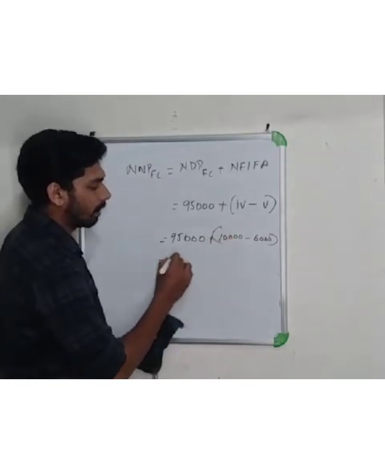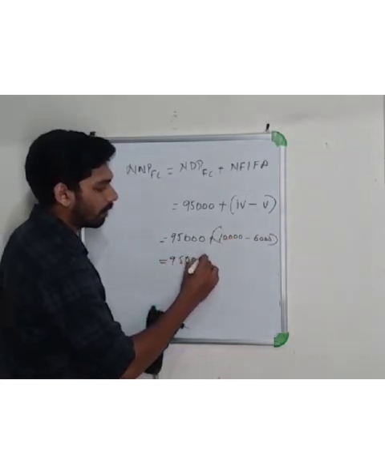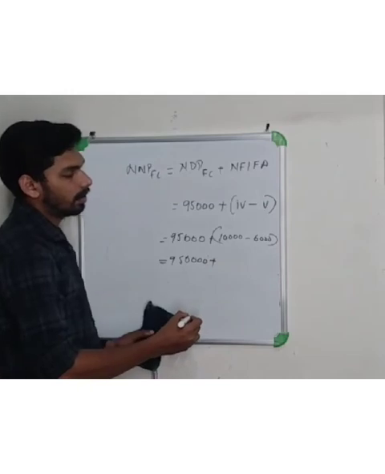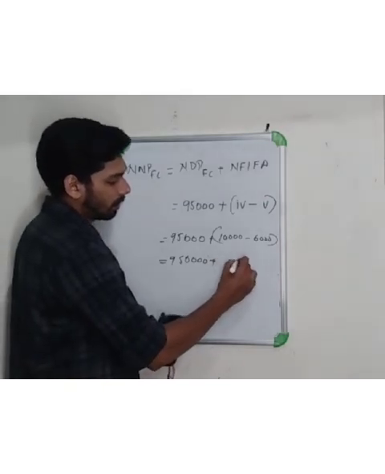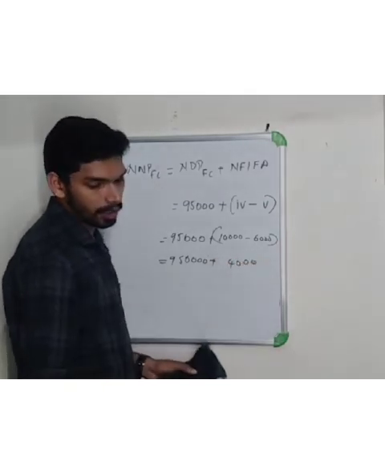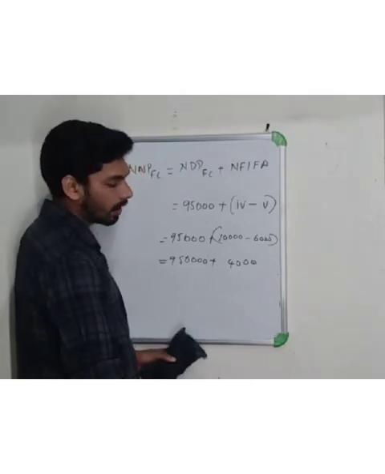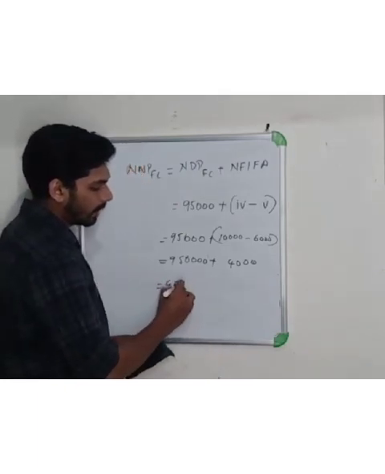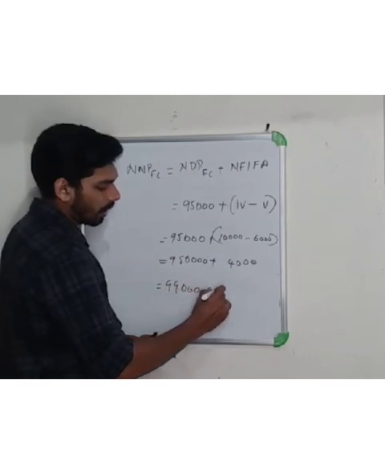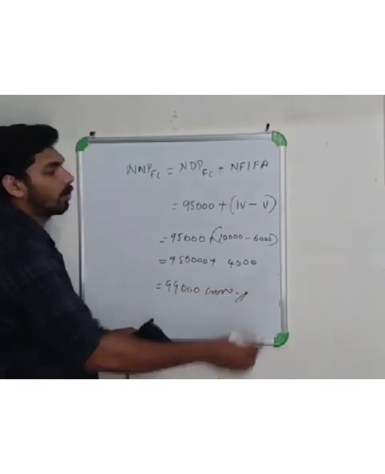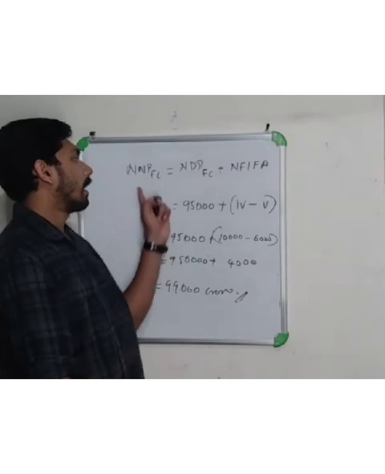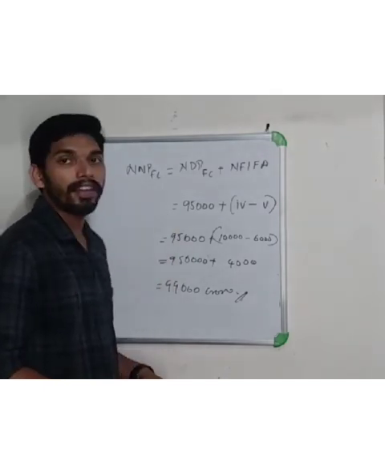That is 95,000 plus 4,000, which is 99,000 crore. So this is the national income, NNP at factor cost.